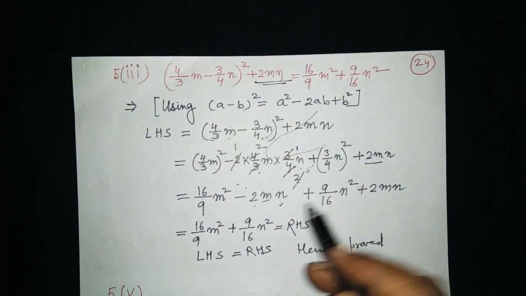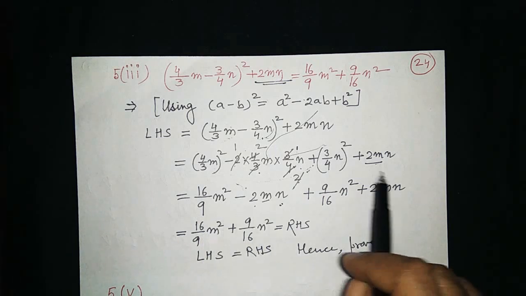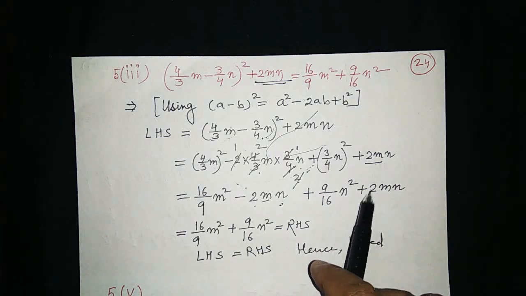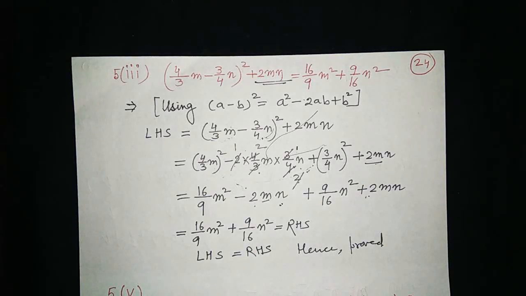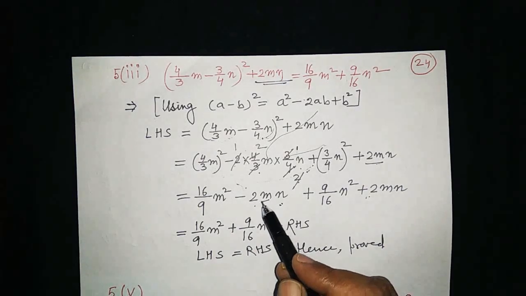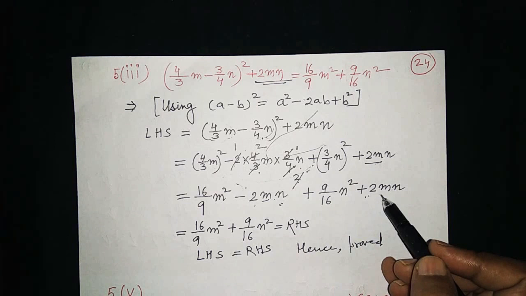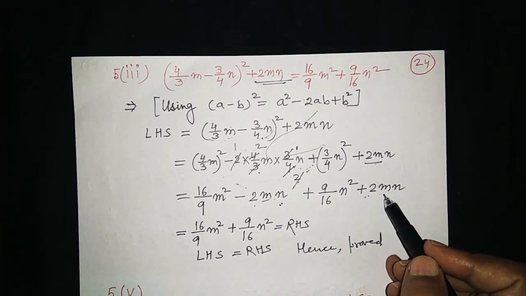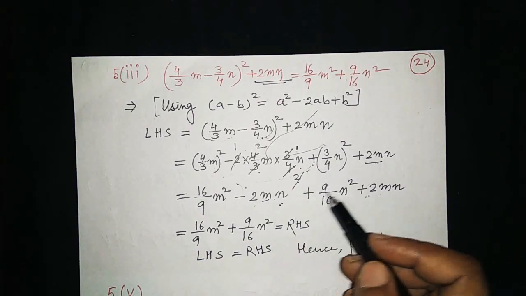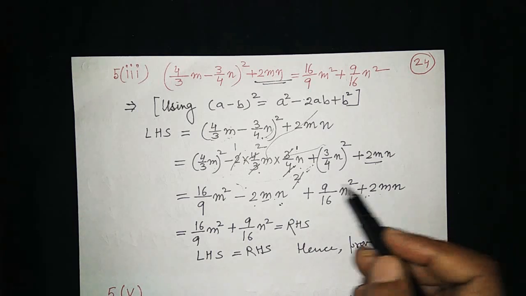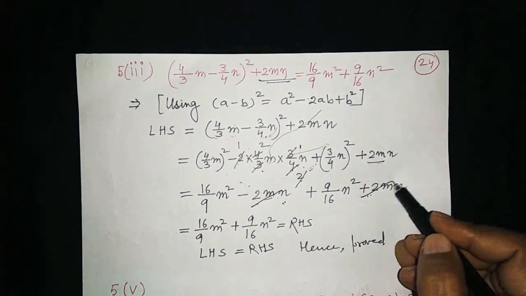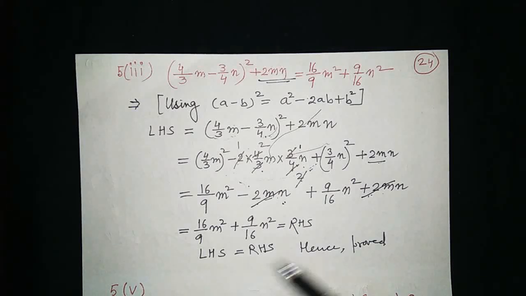Now we will get this step after simplifying. Here we can see this minus 2mn and plus 2mn are like terms, and if we subtract 2mn from this 2mn, we will get 0, which is no need to write.